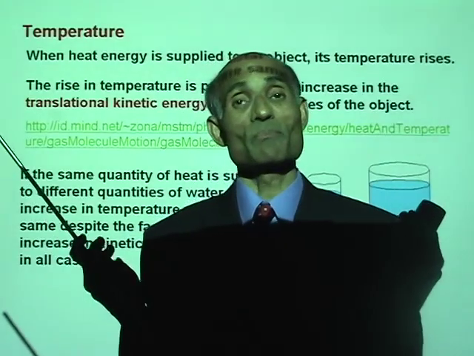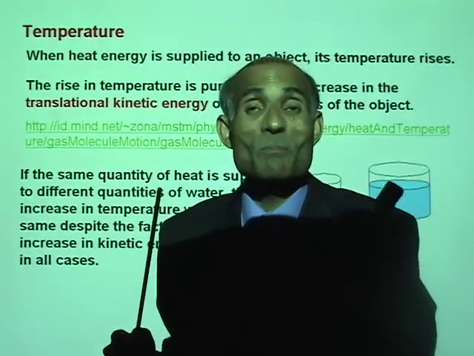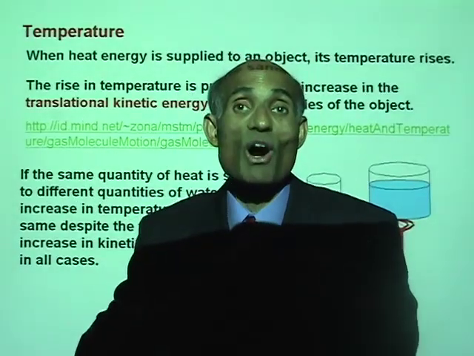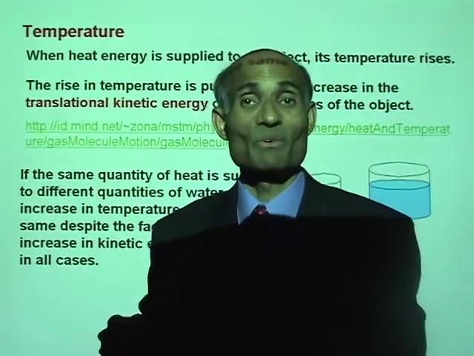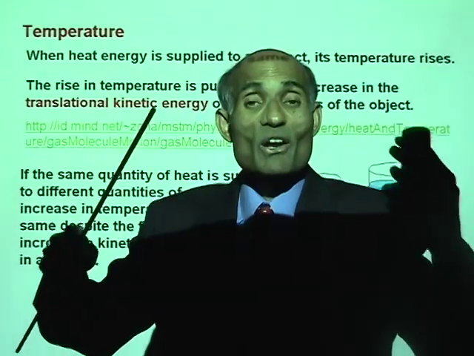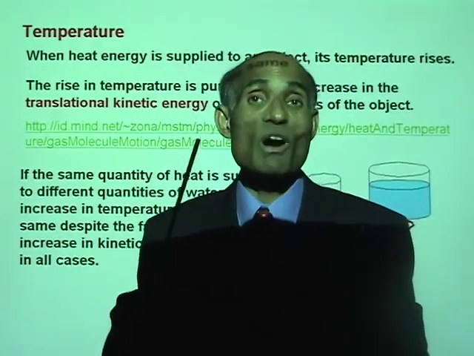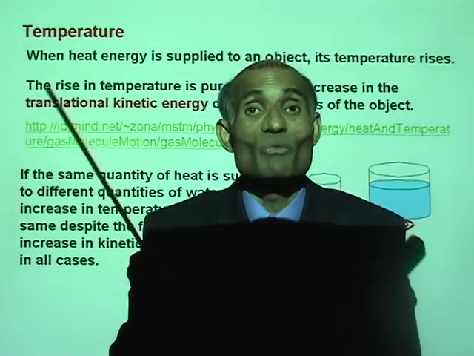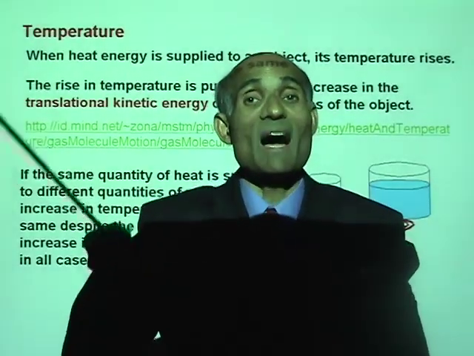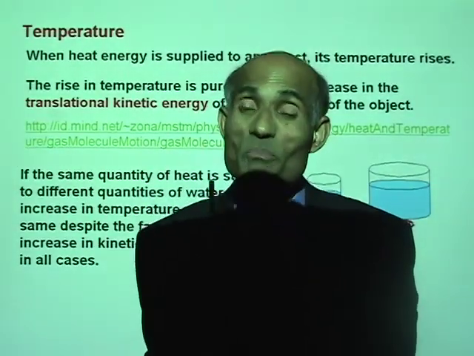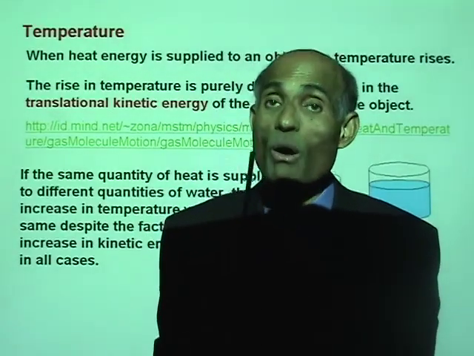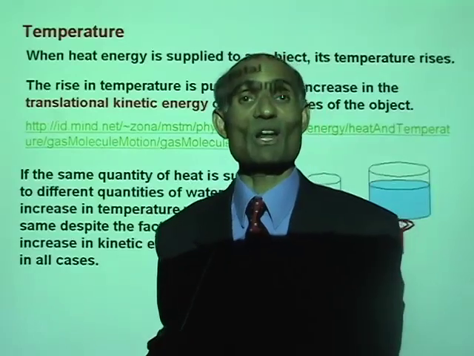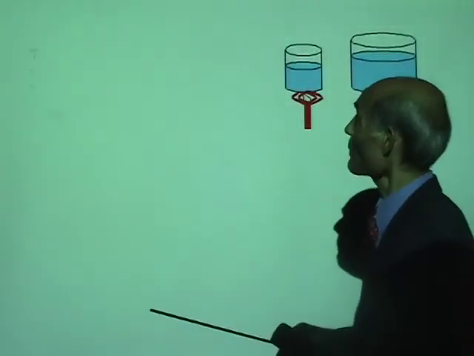I will say that again. Temperature is a measure of the average kinetic energy of a molecule, whereas the internal energy is a measure of the total energy of all the molecules, which can be kinetic and potential. But temperature is decided only by the average kinetic energy of the molecules. All right.